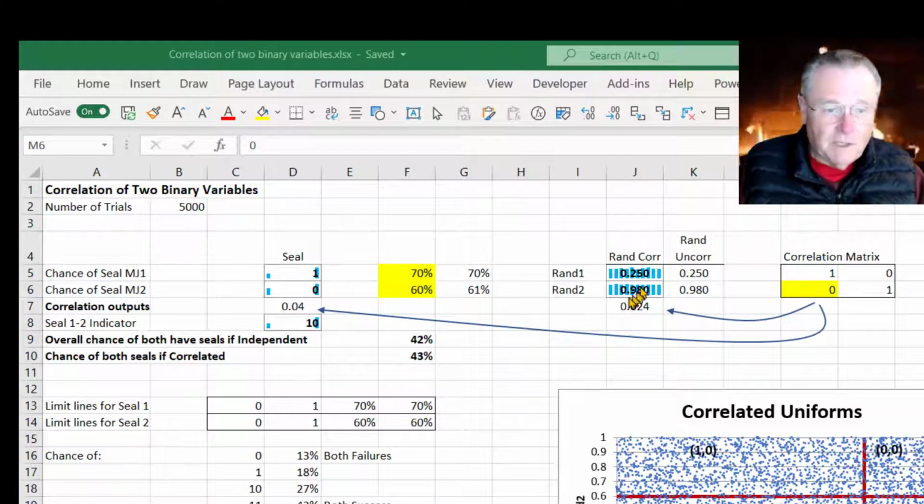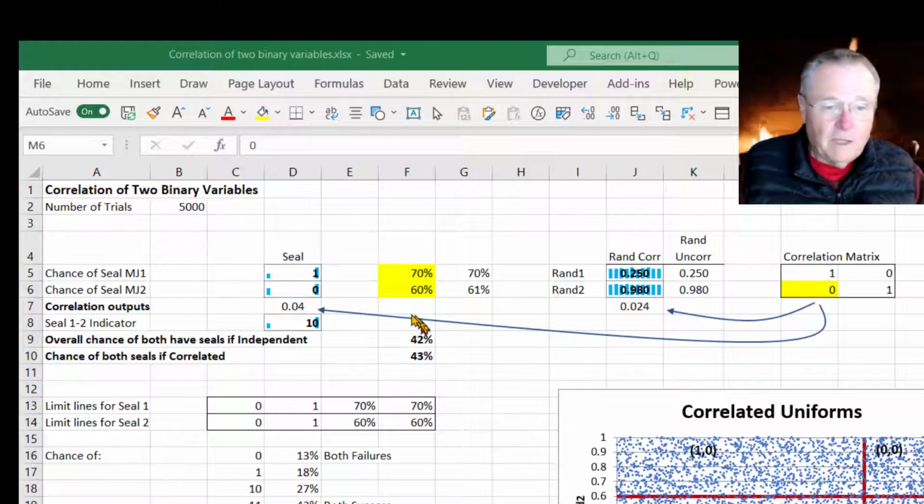So in this particular case, MJ1 is successful because this random variable of 0.25 is less than 70. In MJ2, the random variable is 0.98, which is larger than 60, and therefore it's a failure.